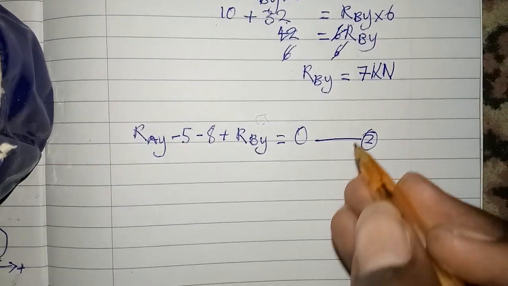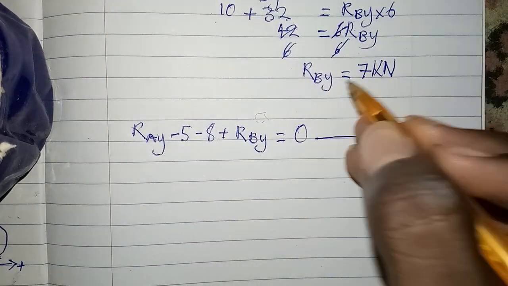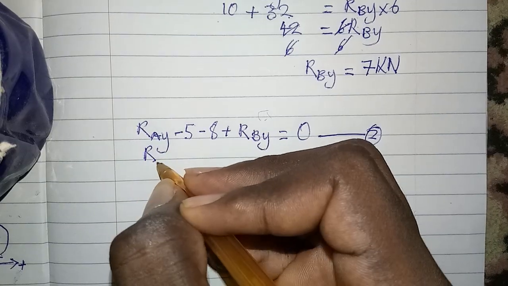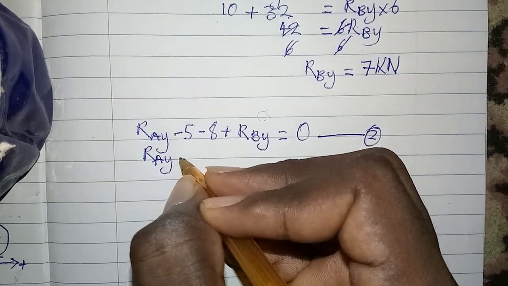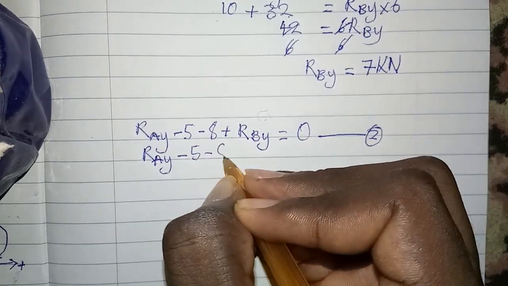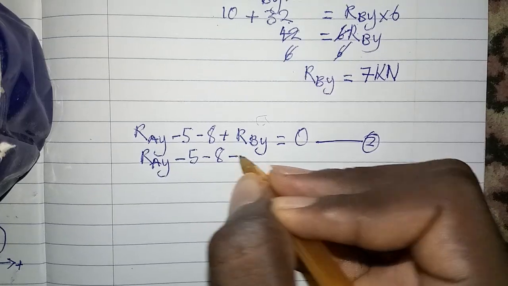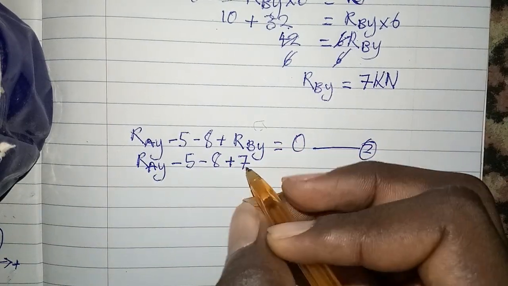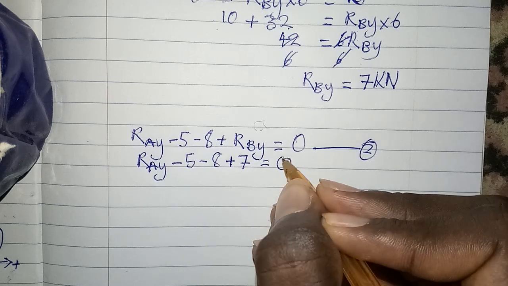Since we know reaction BY, we substitute it into equation 2: RAY minus 5 minus 8 plus 7 equals 0.